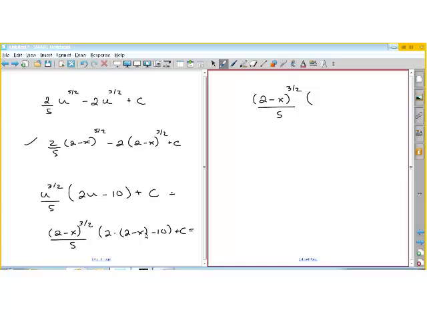Well, we'd have 2 times 2 is 4. Then you have a negative 10, so 4 minus 10 is negative 6. So actually I'm going to factor out a negative sign, because what's going to happen is I'm going to have 2 times negative x, which is negative 2x, but if I factor out the negative sign, I'll get 2x. And here I had negative 6, which becomes positive 6 by factoring that out. And so that was problem number 66.